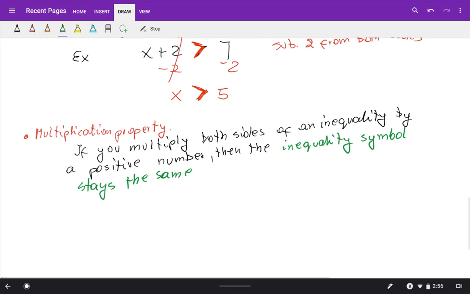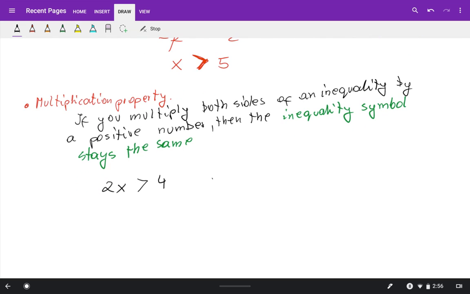So an example for this one will be 2x is greater than 4, and you want to solve for x, so I'm going to multiply both sides by 1/2, or you can say divide by 2, because multiplication is the same thing as division.